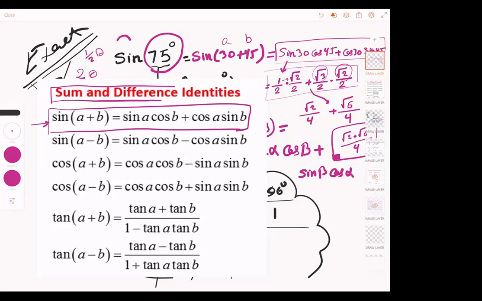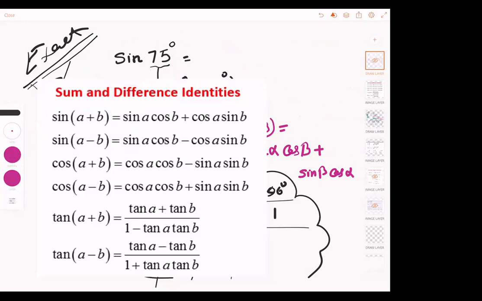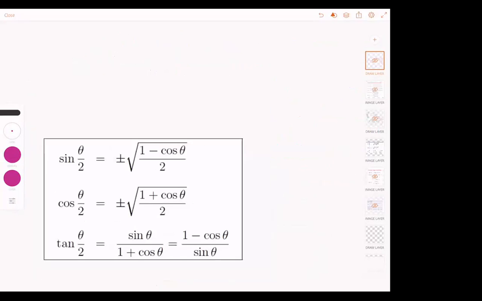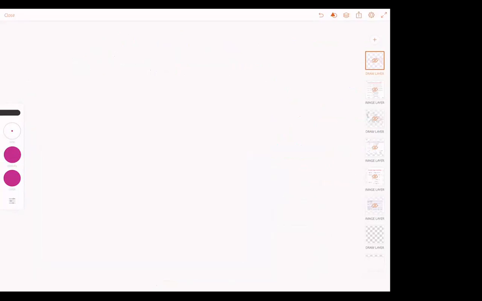All right, let's have another one. What is cosine of 15 degrees?